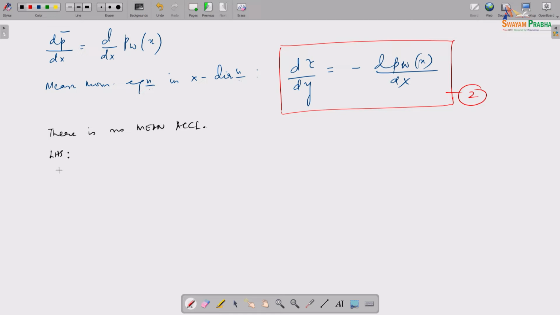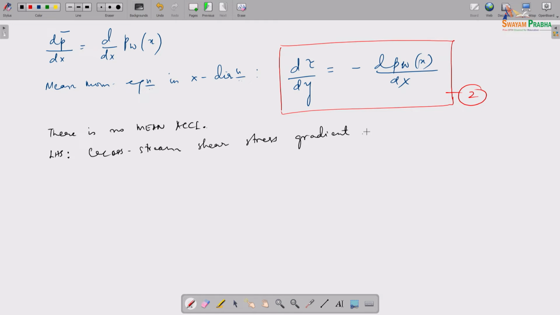The left hand side of that equation is cross stream shear stress, okay.